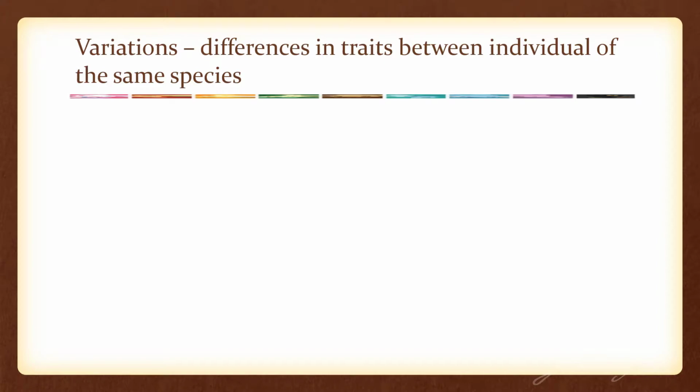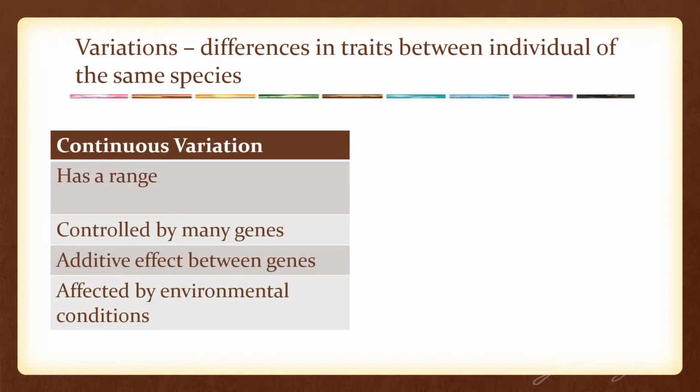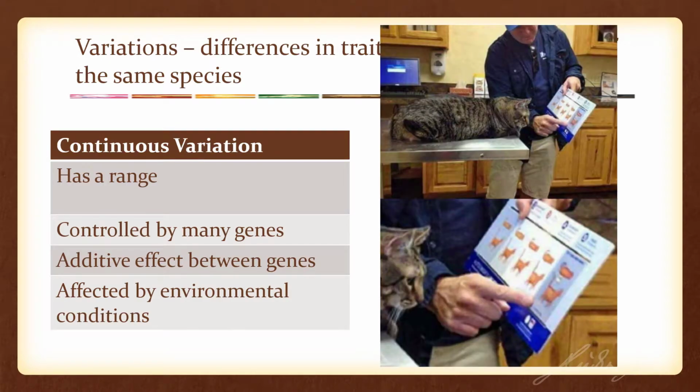And you might want to copy this down, as well as the two types of variations that we have. First, we have the continuous variation. That means the variation is continuous. It has a range. For example, your height and weight.